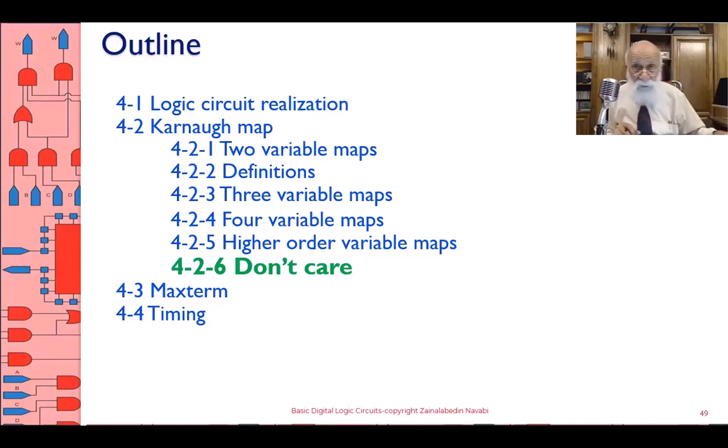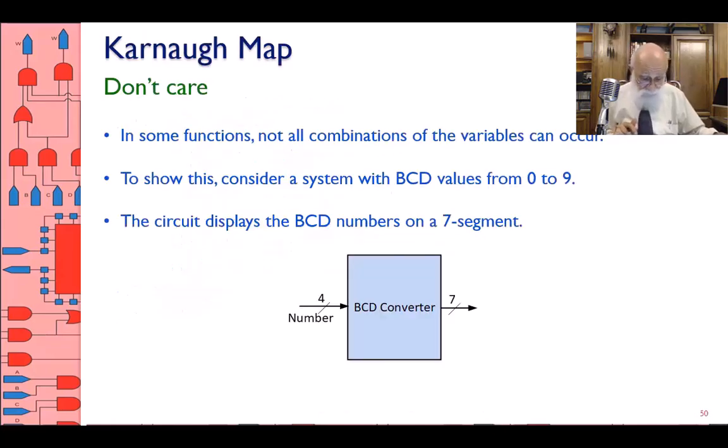So let's talk about don't cares. What I'm going to show you is a BCD converter or 7-segment display converter. This is the hardware that you use for displaying numbers. So you have 4 bits here, a 4-bit BCD number ranging from 0 to 9. This is the most significant bit, and this goes between 0 to 9 decimal.